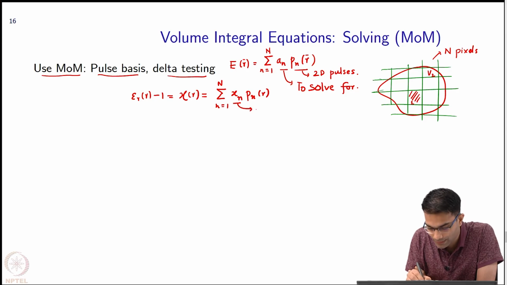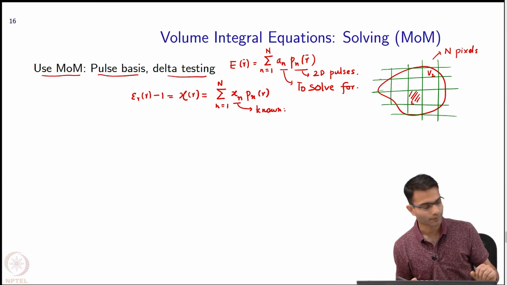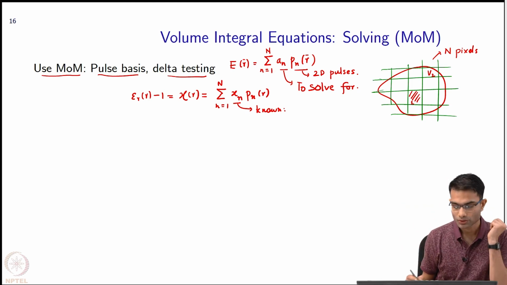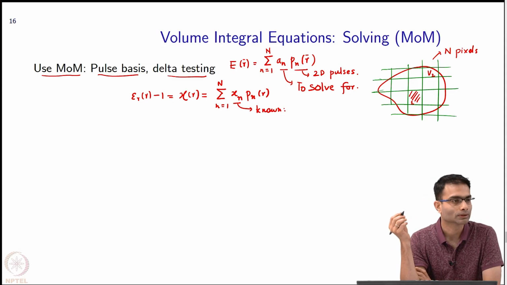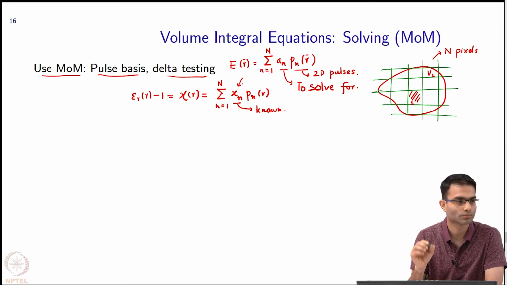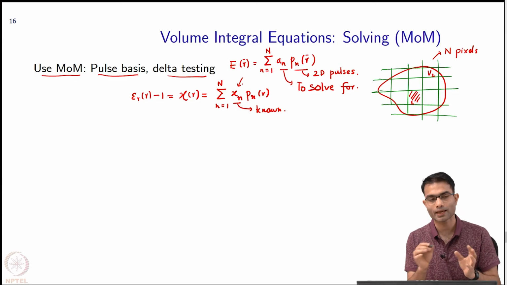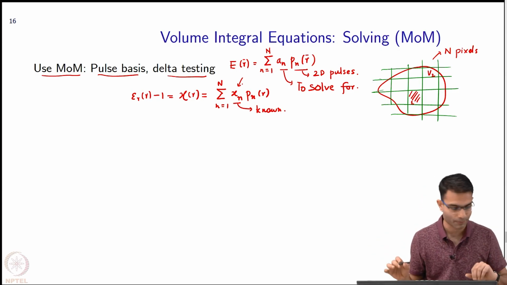Just remember that chi_n is known, it is not unknown. It is given to me in the problem, the permittivity of the object is given to me. It will amount to one and the same thing. But the fact is, you know chi_n, so there is no point in combining chi_n and a_n into one, because you know part of it and you do not know another part. So, we will just keep it separate.